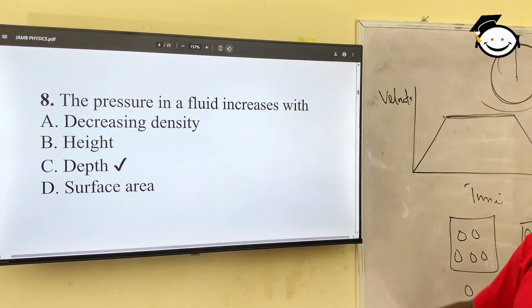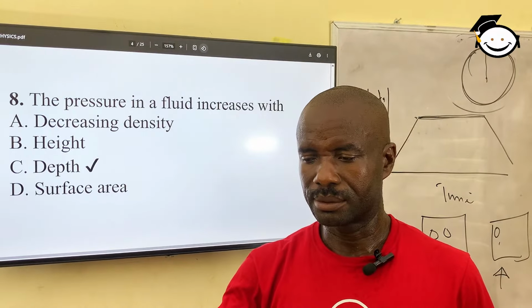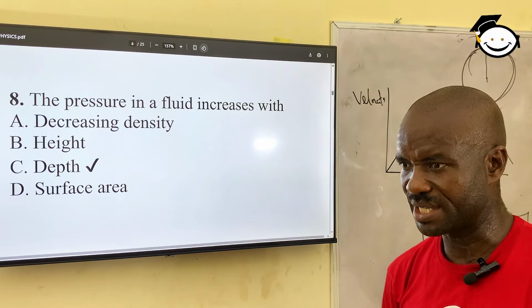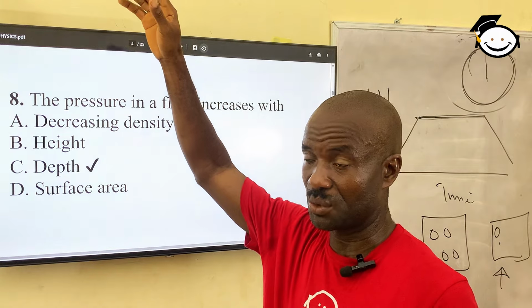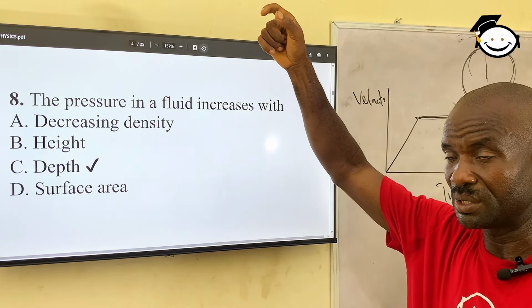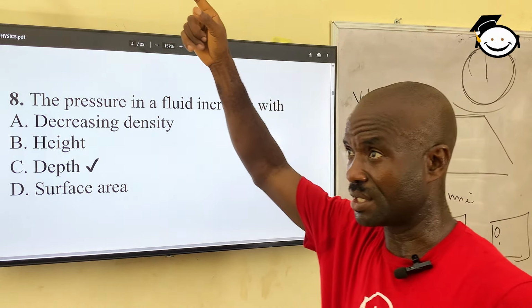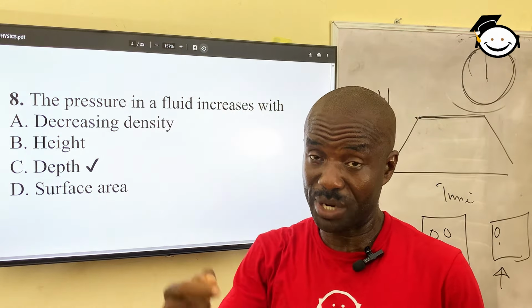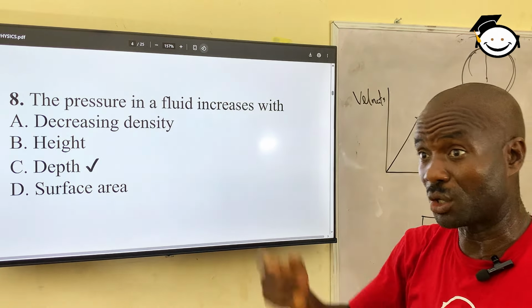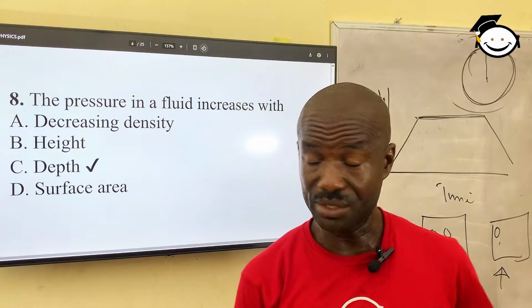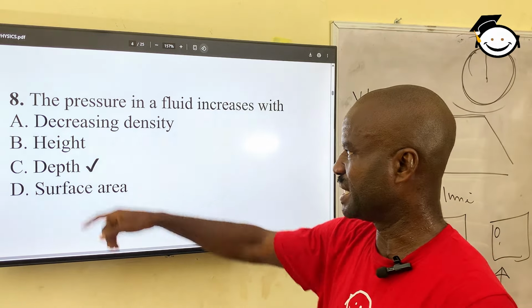The higher the depth, the higher the pressure. No wonder you see a tank placed on a surface and one placed on a storey building. The pressure of the water on the storey building will be more. Your shower will run faster than the one placed on the ground. So it has to do with depth.